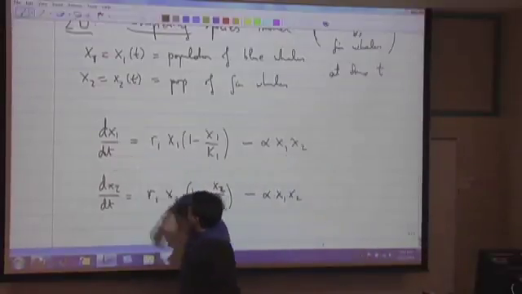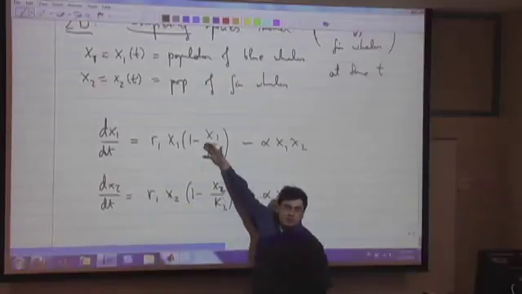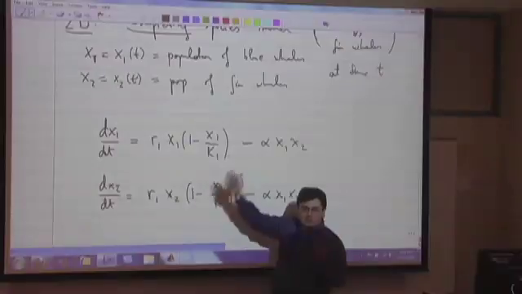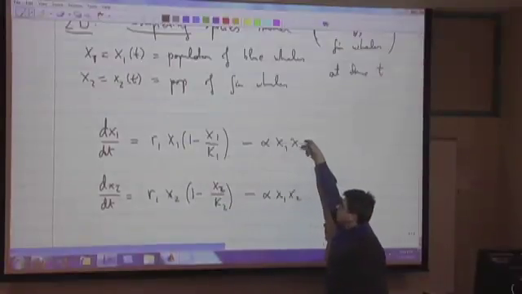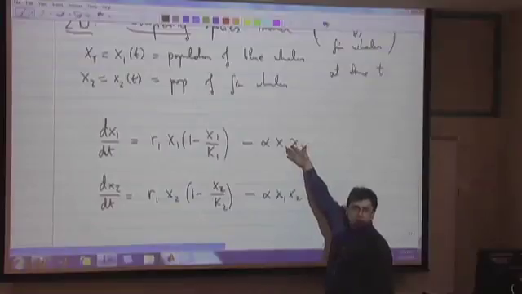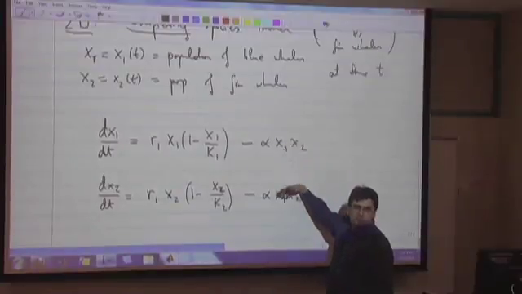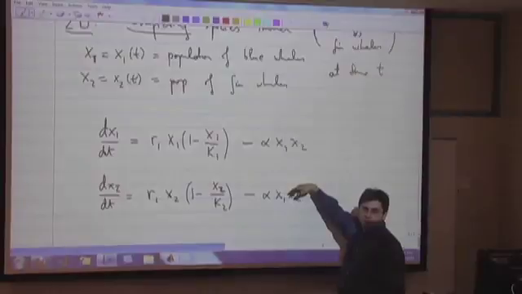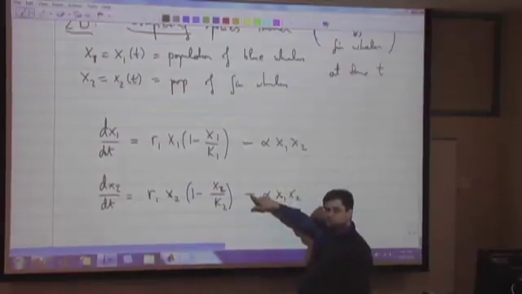You would have a system where there's some sort of intrinsic growth in the absence of the other species. Then for the predator, the interaction would be a positive term because prey helps predator grow, and for the prey it would be a negative term because predators kill prey. So it's just a different sign here.